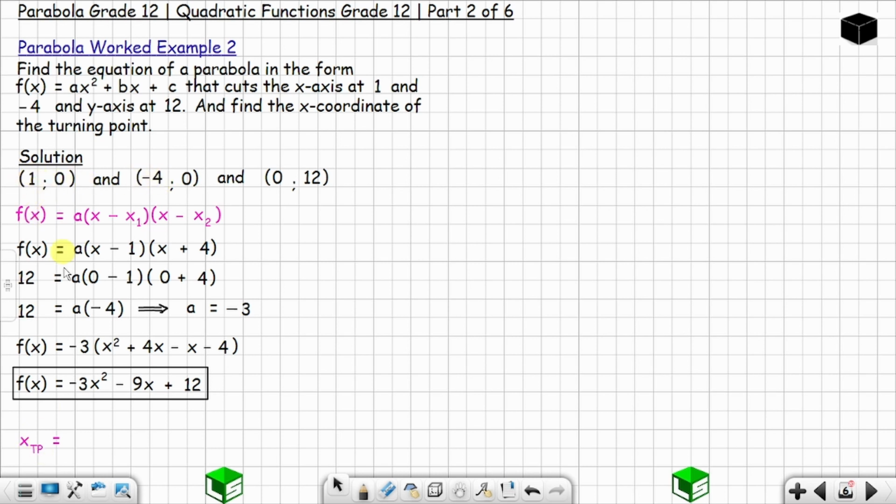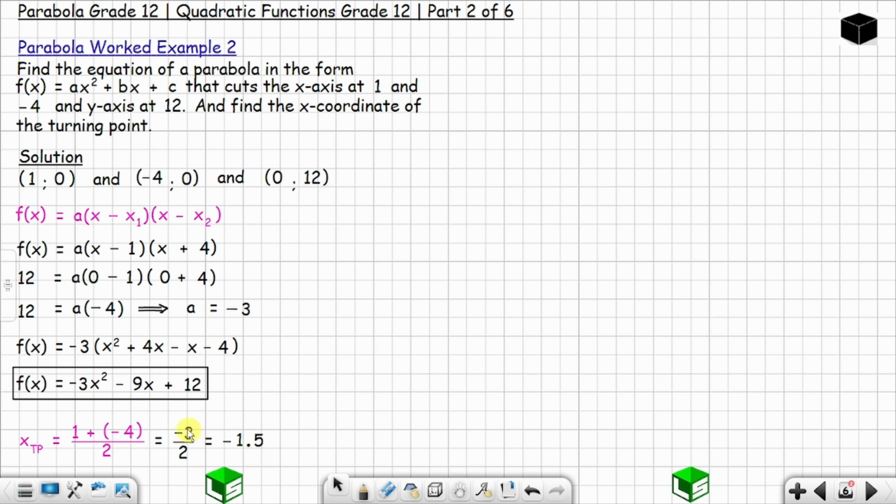So you take this value 1 plus the second value, which is negative 4, over 2, right? This plus this over 2, and this is equal to 1 minus 4, which is negative 3 over 2, and in decimal this is equal to negative 1.5.